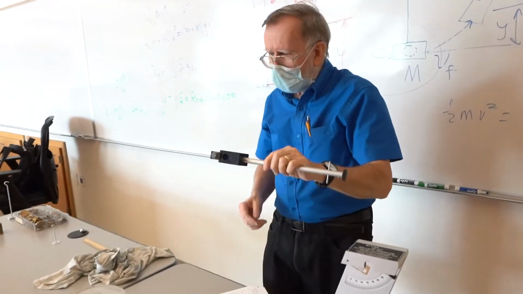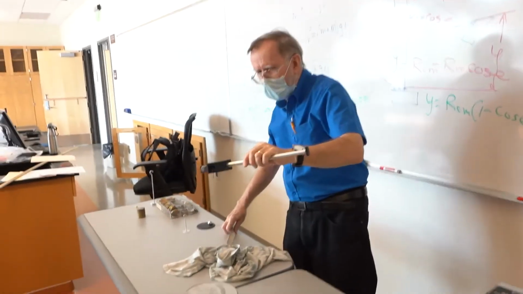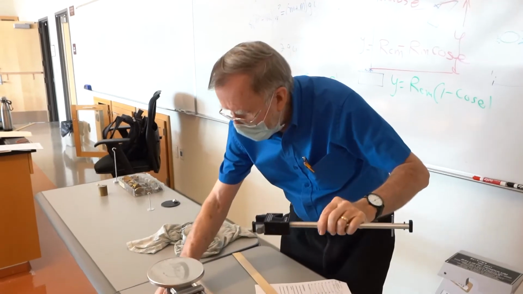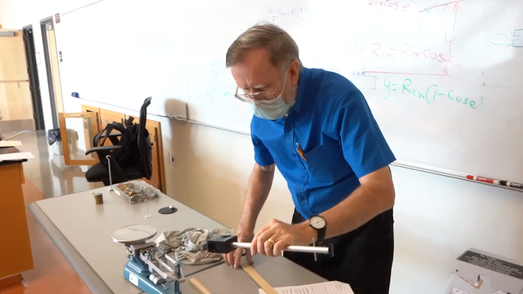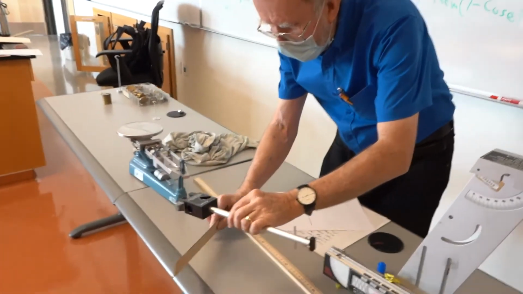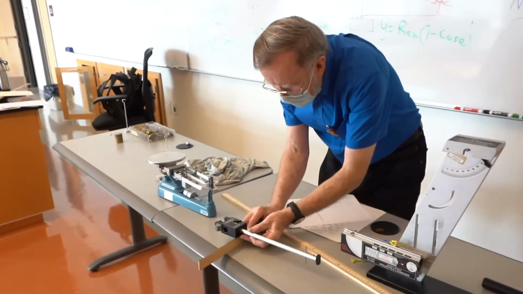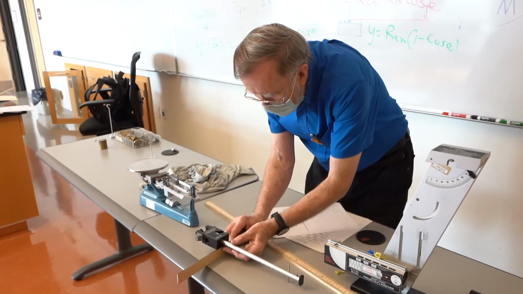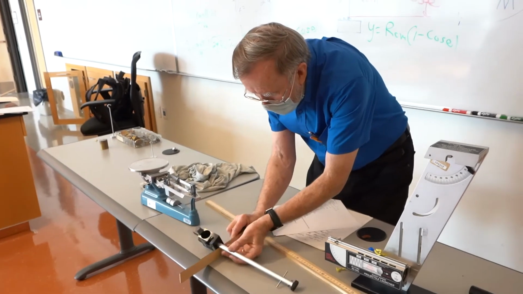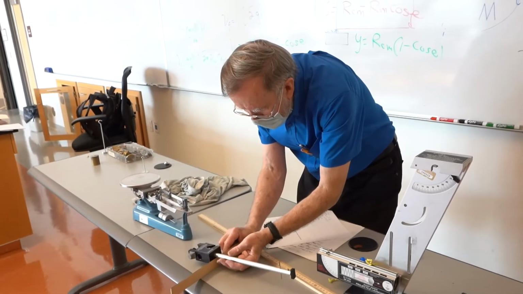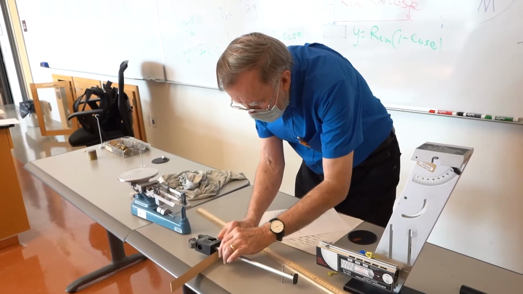We're going to have to try to find the center of mass of this device. And it's a rather crude way of doing it, but it works pretty well. All we do is find the balancing point. Wherever it balances, that's going to be the center of mass.